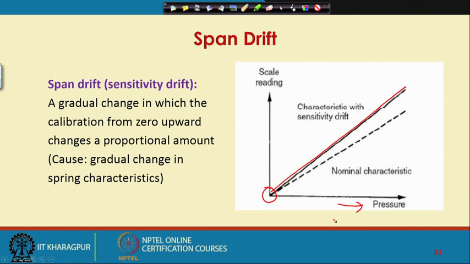So, the calibration from 0 upward has changed by a proportional amount. This was the nominal characteristic or original calibration when there was no span drift, and this is the calibration in presence of span drift. There is no zero error, but the calibration has moved now.